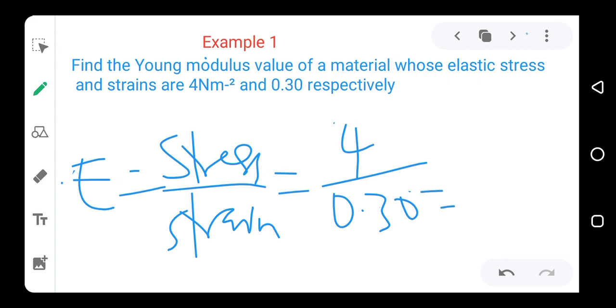So it becomes 4 over 0.30 and this will give us 13.33 Newton per meter squared.